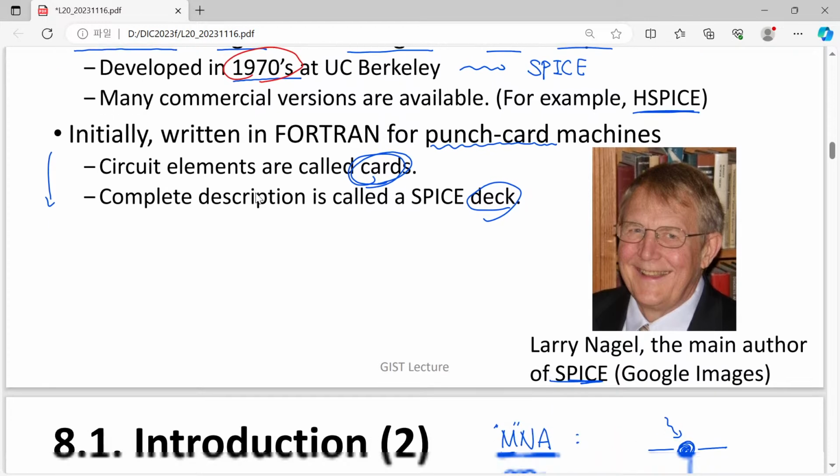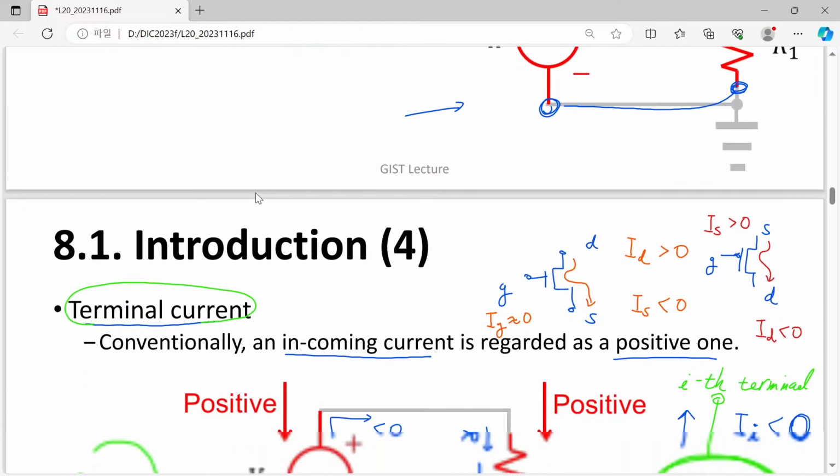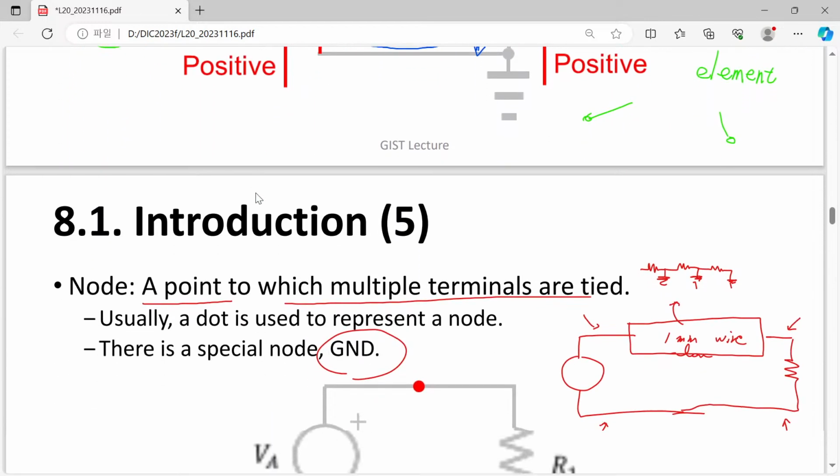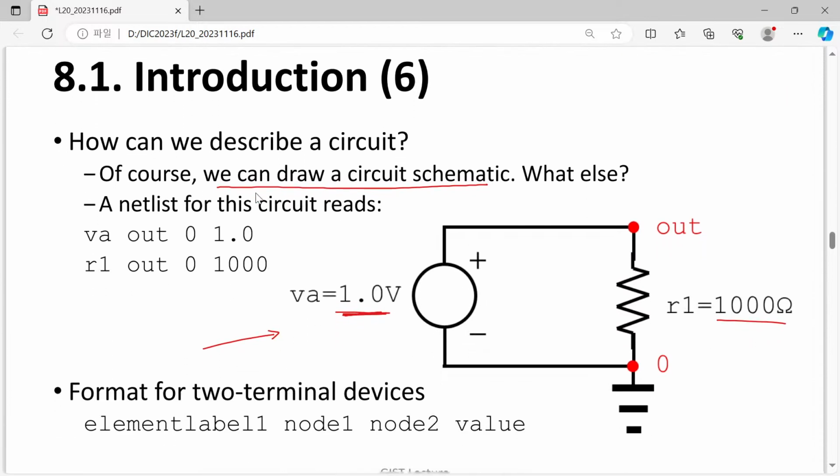So therefore, even a GUI, graphical user interface, was not available. So everything should be done in text. So they invented a file format called netlist.